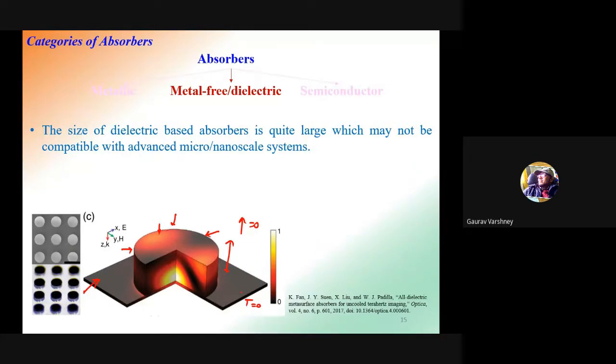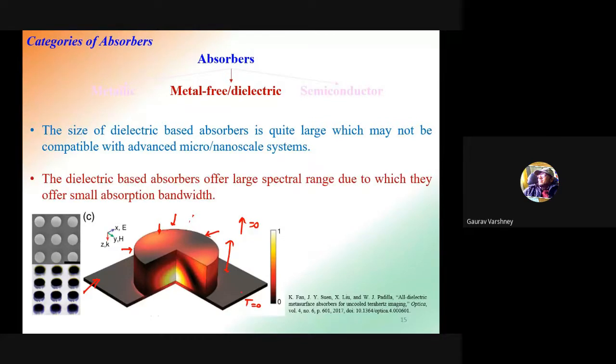But the advantage you can understand, since these are made up of dielectric materials, temperature sensitivity will be higher in comparison to metal or other material based structures, and some other properties will also be considered in terms of dielectrics, like the oxidization problem will not occur easily. Only the problem is thickness. So due to thickness, they may not be compatible with some future nanoscale systems in most applications. But still, the research is going on.